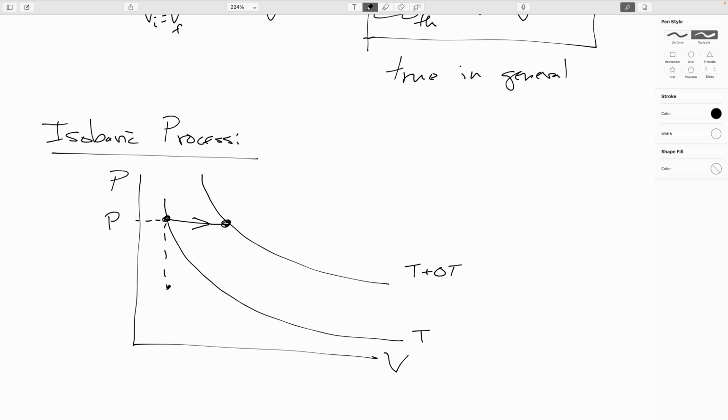So here's my V initial. Here's my V final. And we've said that the work being done on the gas here is equal to the area under the curve. Now, since we're going left to right, it's negative the area under the curve. But the area under the curve will be equal to P times delta V, the change in the volume.